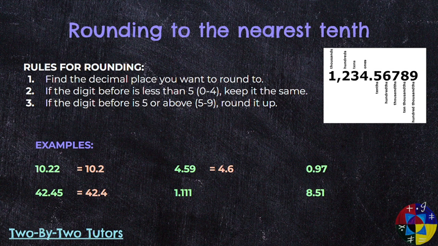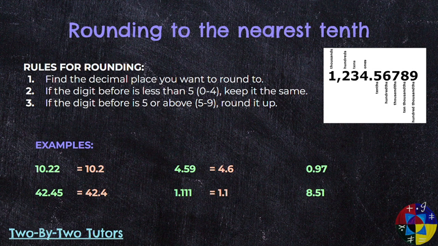For example number 4, even though you have a decimal in the ten-thousandths place, all you have to do is look at the hundredths place, and since it's a 1 and it's less than 5, the final answer when you round to the nearest tenth will be 1.1.